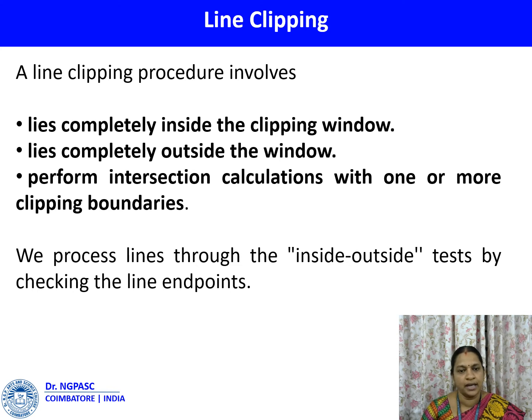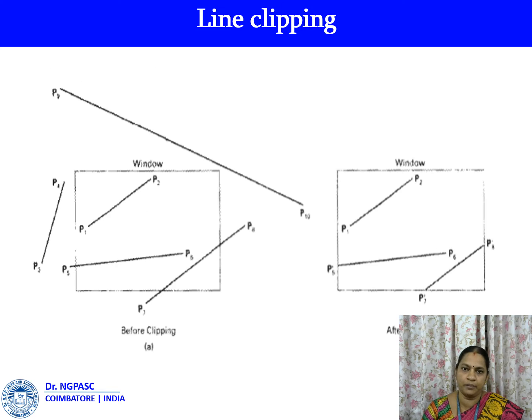Or else, apart from these two cases, we have another case, performing the intersection. If there is an intersection between the boundaries of the window and the line, we need to perform intersection calculations with one or more clipping boundaries. All these things we can process through the inside-outside tests by checking the line endpoints.